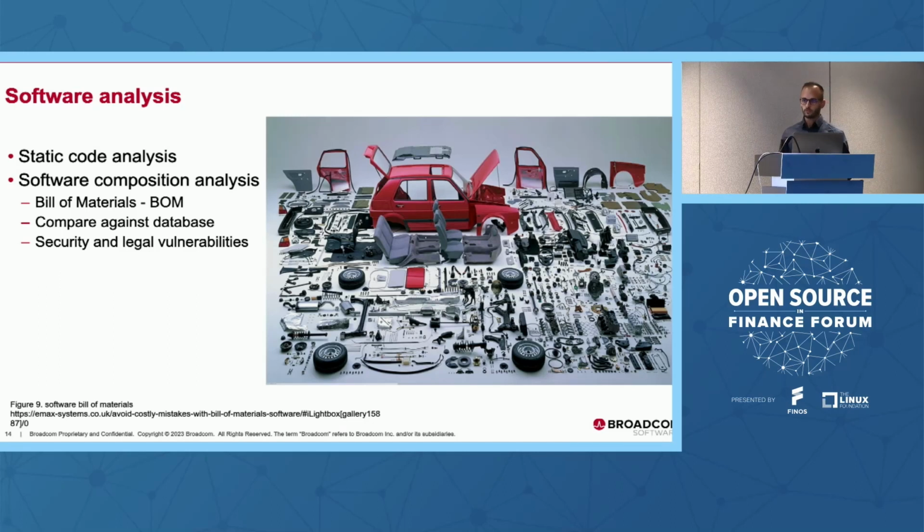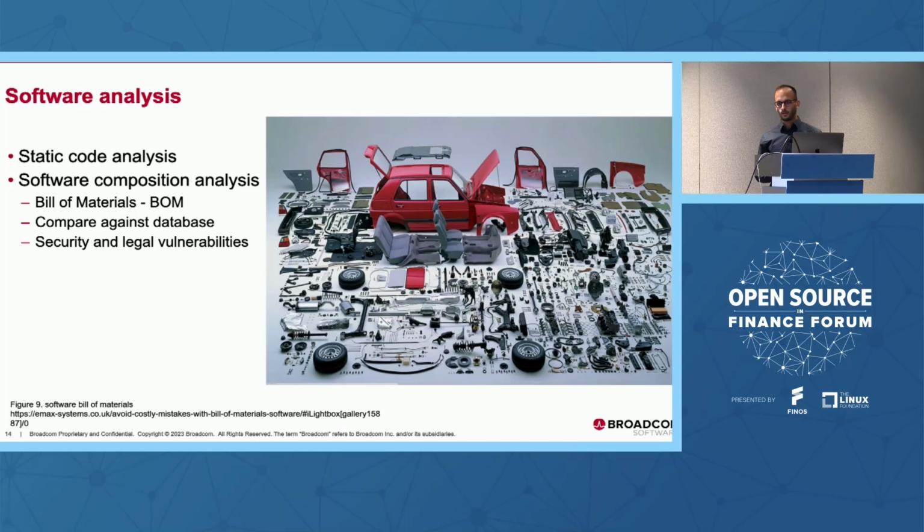Then it's comparing it with some database of known vulnerabilities. And the result is a set of security and legal violations of your software. So then you can act on this.